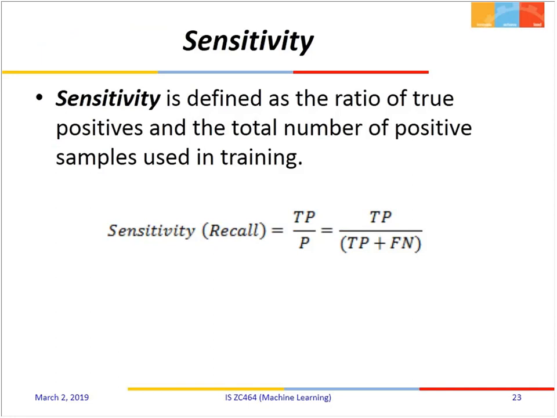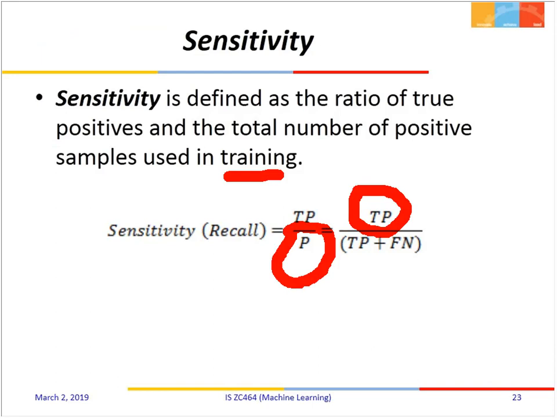Fine. So we were talking about sensitivity. It is defined as the ratio of true positives and the total number of positive samples used in the training. In that context, whatever be the number of authorized persons in the organization, how many did your machine learning system recognize as true positives, that means authorized, that ratio will come out as the sensitivity.